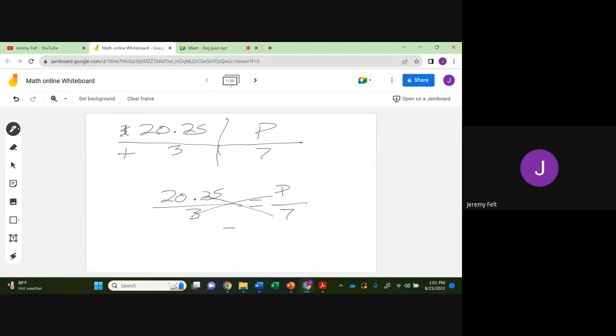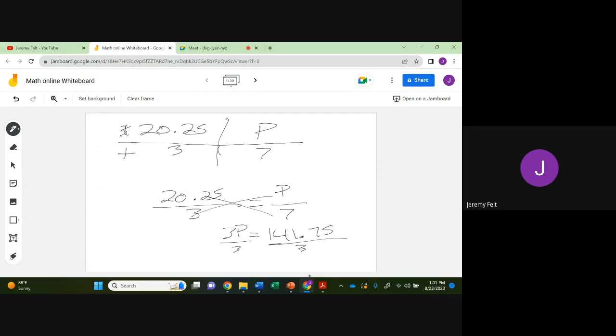Cross multiply. I get 3P equals 20.25 times 7, which is 141.75. So I cross multiply, then divide.